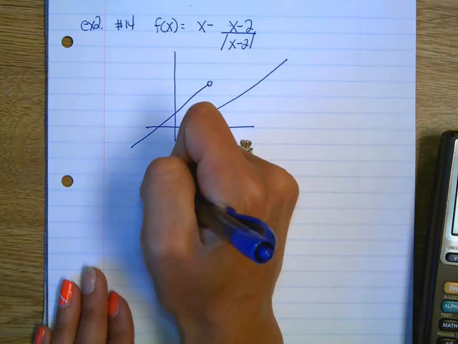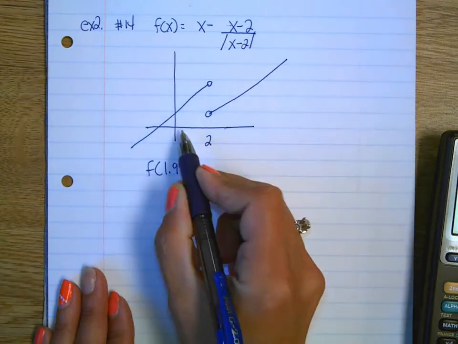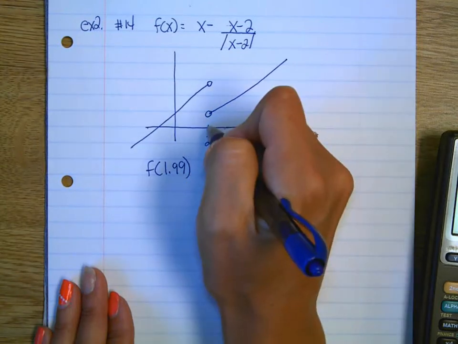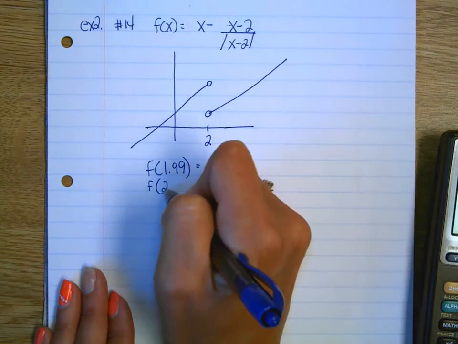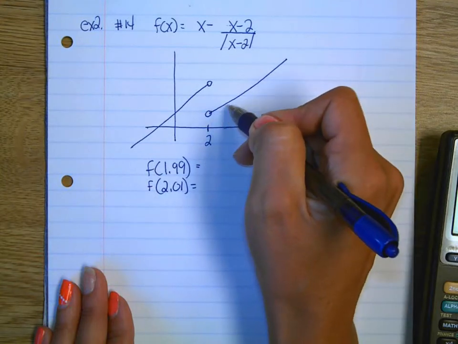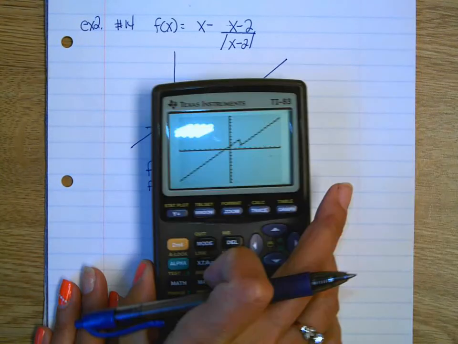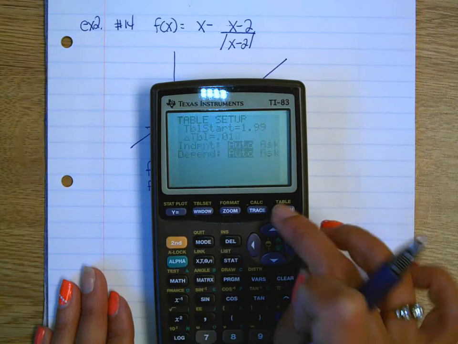It says find f of 1.99. That's really close to 2 coming from the left. And then find f of 2.01. That's coming close to 2, but from the larger side. So if I use our table, have it start at 1.99, go by 0.01.